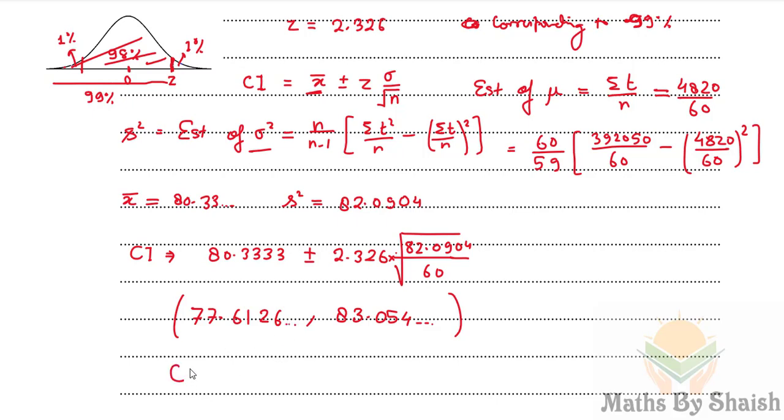So the 98% confidence interval, to 3 significant figures, we'll write our answer as 77.6, 83.1, and that's the 98% confidence interval. I hope it is clear. Let's discuss the next part.